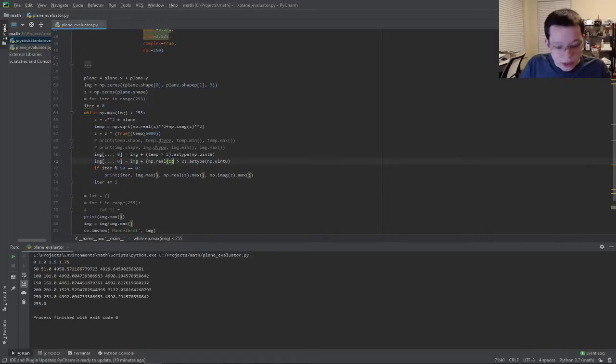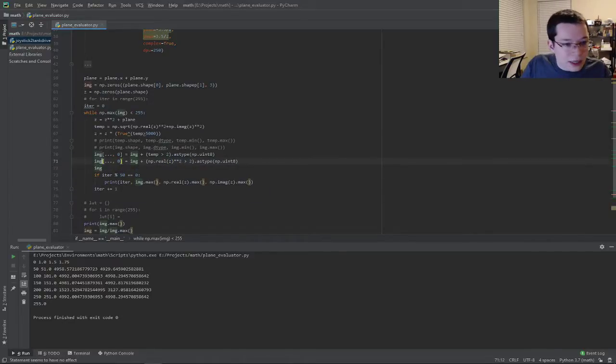So the real part squared, and this will be the green channel. Zero, 1, 2. So this will be the red channel.